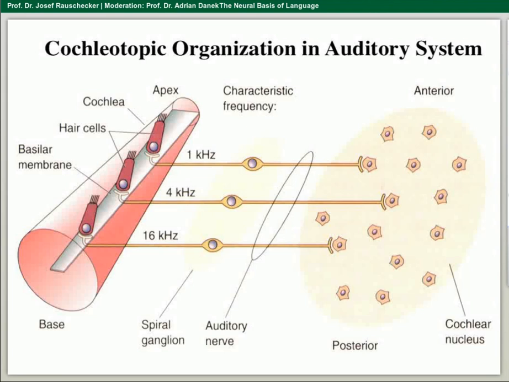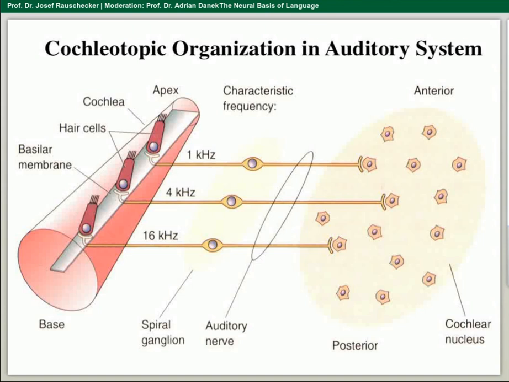Anyway, so this is called tonotopic representation. Just as in the retina of the eye, you have a retinotopic representation where basically like an electronic camera, you have different parts of the visual field represented at defined places along that receptor sheet.